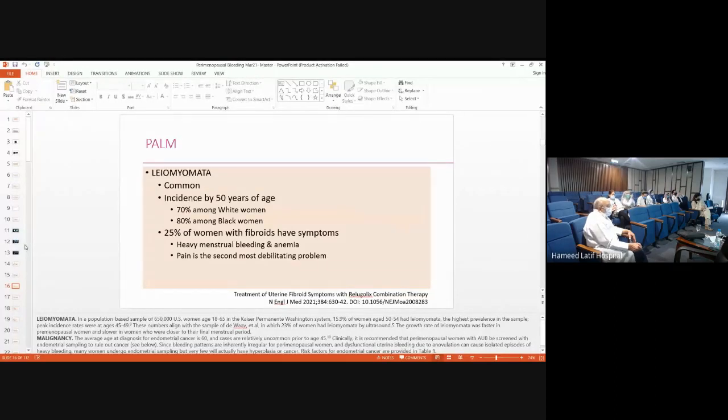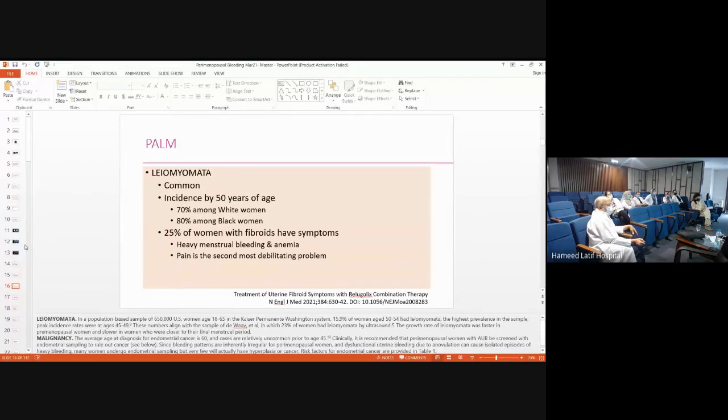Now, these figures I have taken from a recent article in the New England Journal of Medicine, the February journal. It is about relugolix. And one is elagolix. That was the first GnRH antagonist which came in oral form.